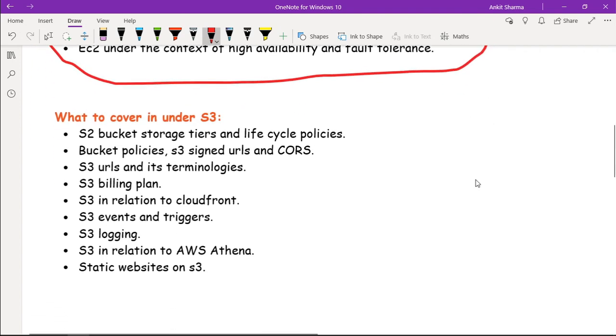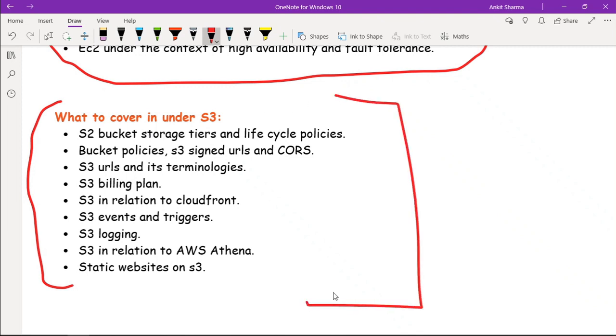So in S3, suppose you can understand about S3 bucket storage tiers and lifecycle policies, bucket policies, signed URLs, S3 URLs and their terminologies, billing plan, and these are all the things which are really important, and you cannot miss them. But they are not all.